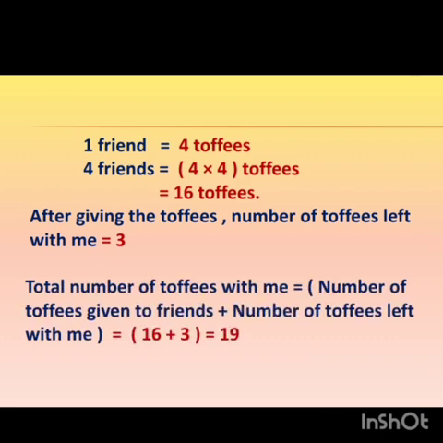So, the total number of toffees with me is equal to the number of toffees given to my friends plus the number of toffees left with me. You know the number of toffees given to the friends is equal to 16 and the number of toffees left with me is equal to 3. That means the total number of toffees with me is equal to 16 plus 3 is equal to 19. So the total number of toffees I had is 19.